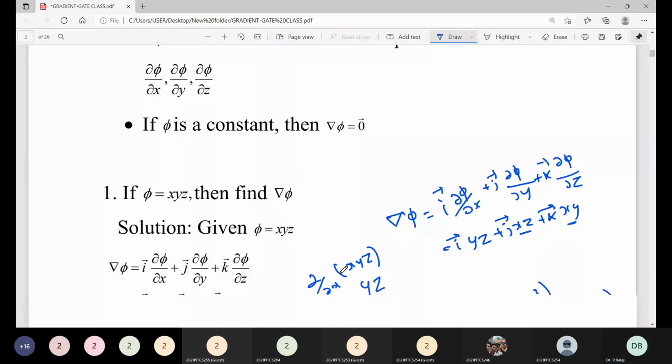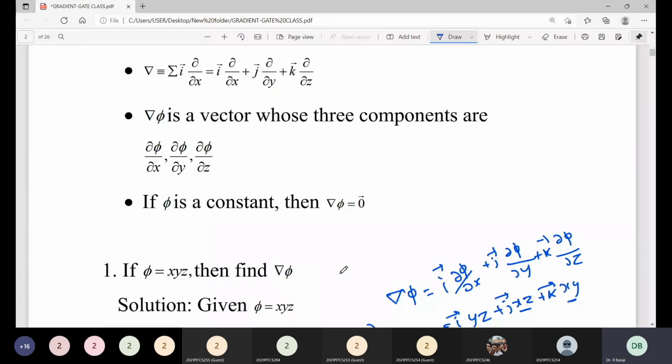Next, if pi is constant, we are not able to find the solution, since the partial derivative of a constant is 0. So del pi is equal to 0.